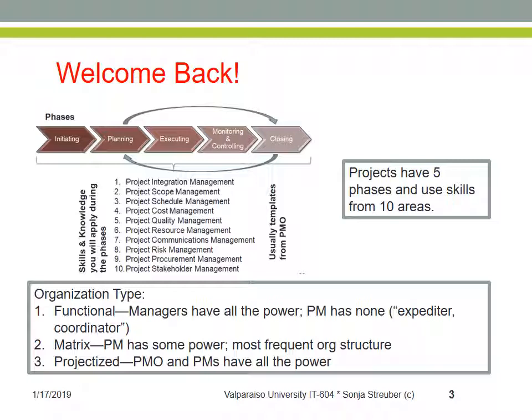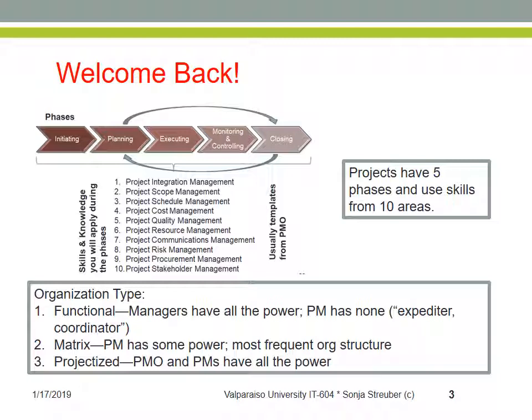And that throughout these 5 phases, whether they repeat or not, we use skills from 10 areas, namely project integration management, project scope management, project schedule management, project cost management, project quality management, project resource management, communications management, risk management, procurement management, and stakeholder management. So skills from these 10 knowledge areas are used throughout all of these 5 phases.